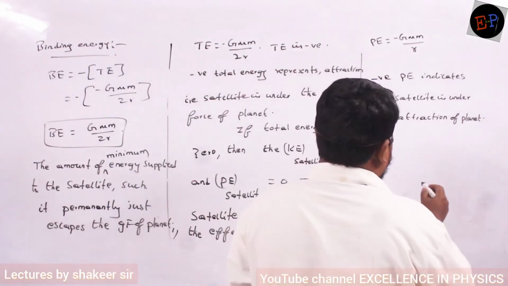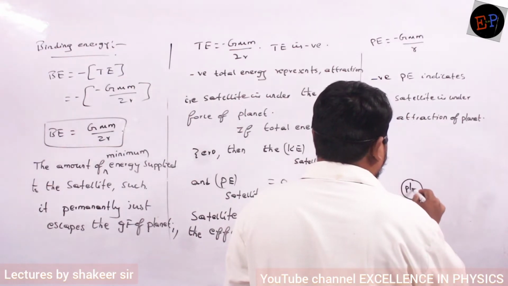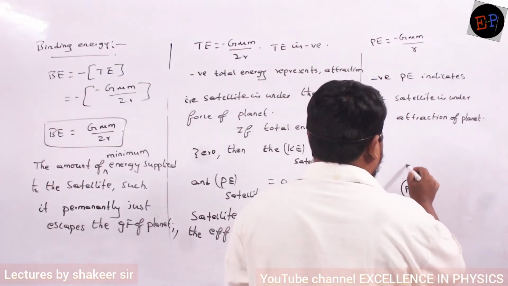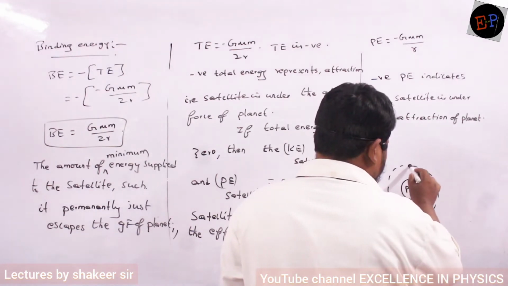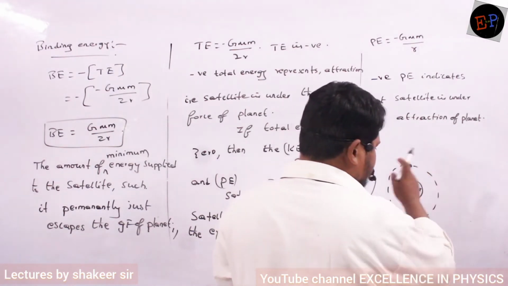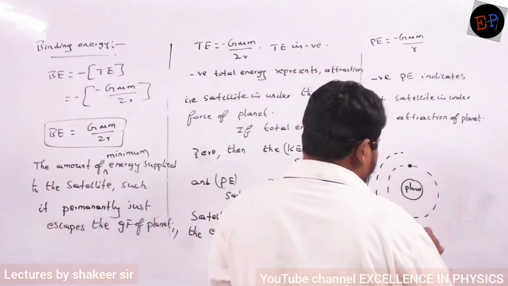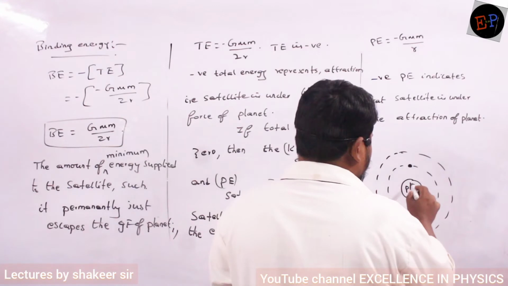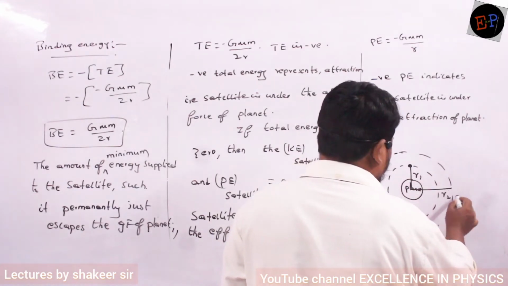Now let us try to understand this statement. Consider this is a planet and here there is one orbit. A satellite is present, revolving around this orbit. Now let us take one more orbit. The radius of this orbit is R1, the radius of this orbit is R2.